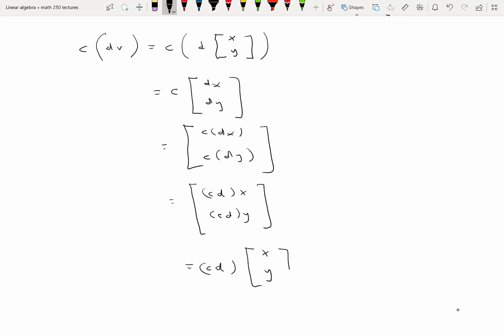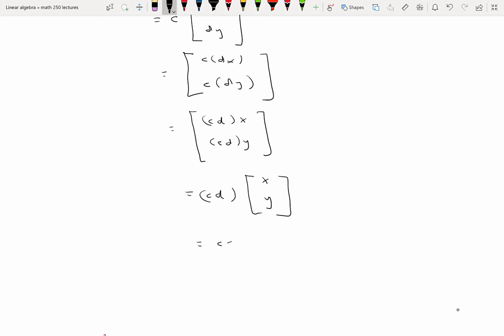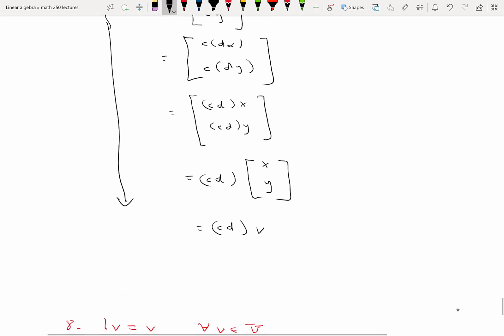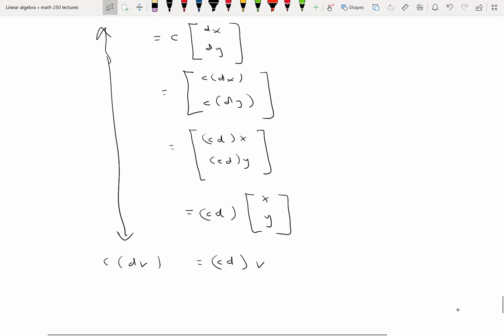Why? That's the definition of scalar multiplication in our vector space. This is nothing more than CD V. And that's exactly what we needed to prove: that C times the quantity dV is equal to the quantity CD times V. We did it.